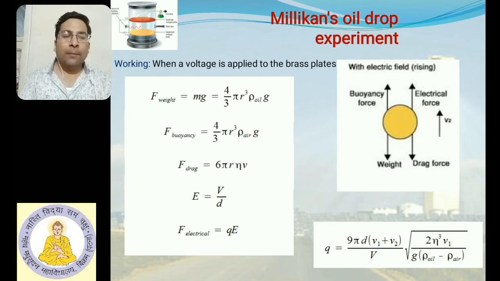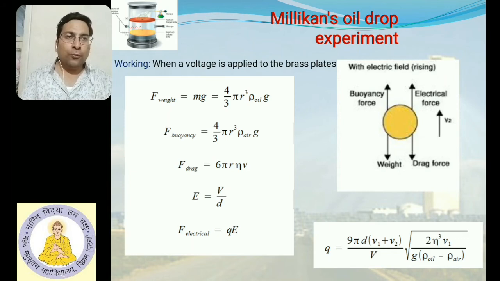Simultaneously, we apply a potential difference between these two plates, two electrodes, and due to this potential difference there is a force acting on the oil droplets, that is electrostatic force. That force is given by F equal to QE, where E is the electric field, in the upward direction.